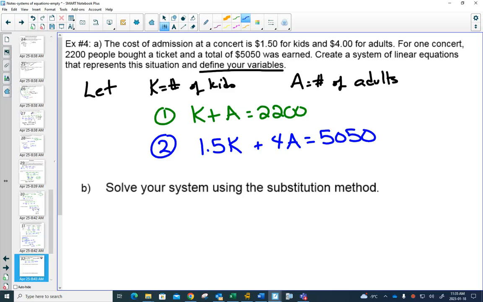Again, substitution works really nice because you can get either the K or the A really easy by itself.